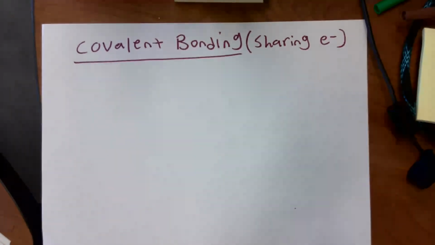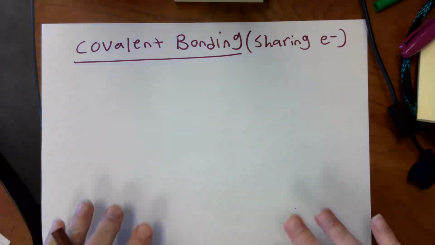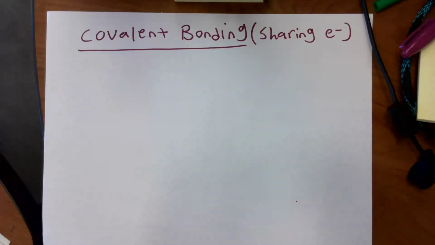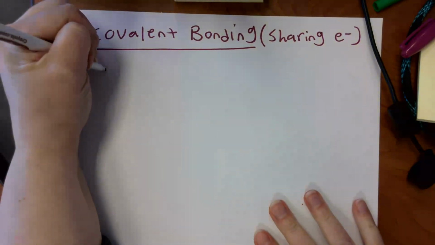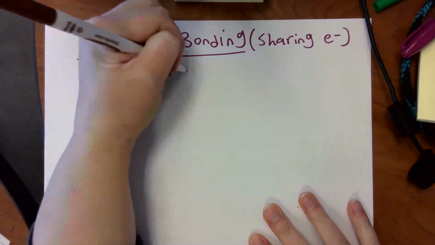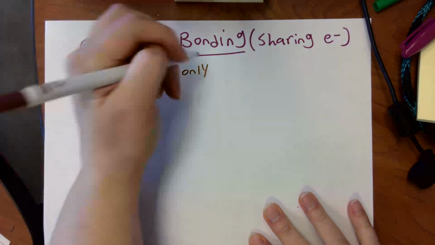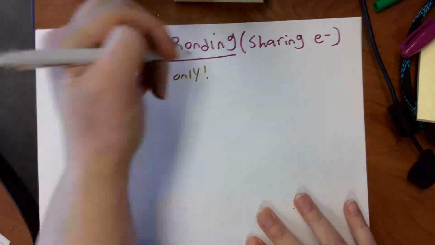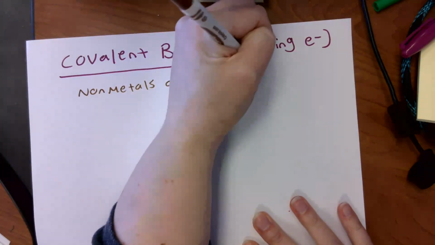This type of bonding deals exclusively with non-metals only. And this happens between 2 or more of them.